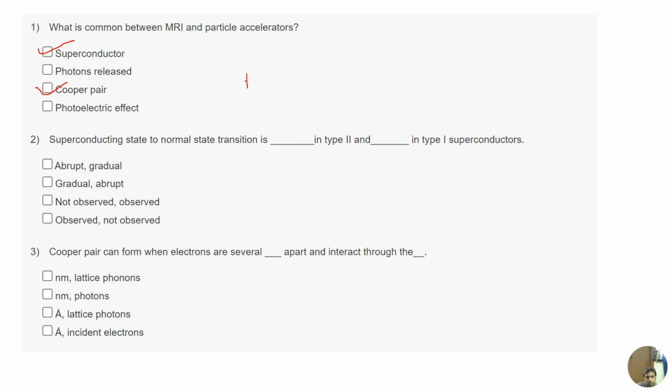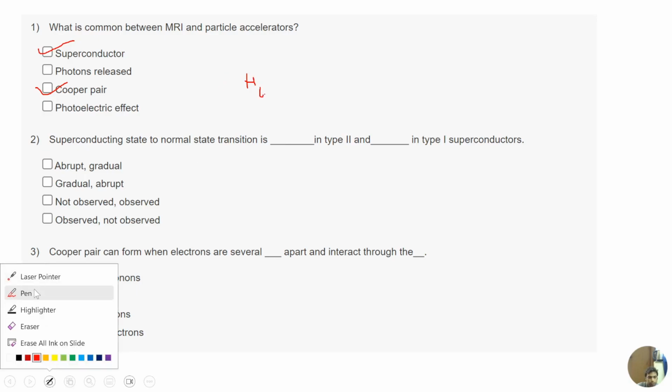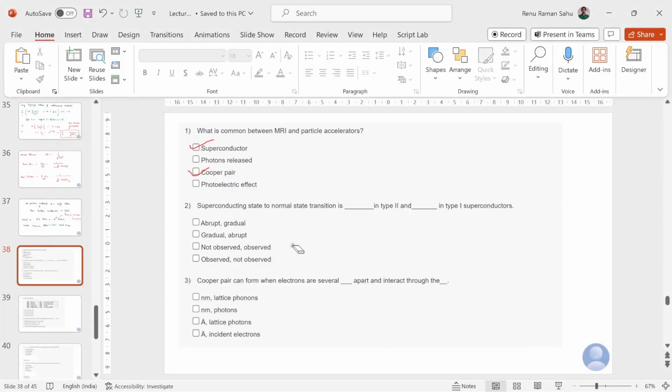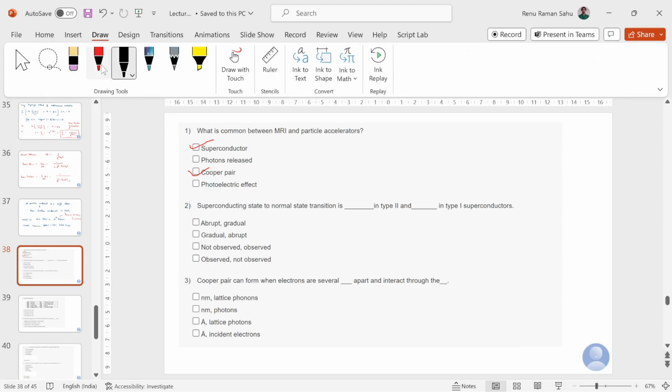Remember, in type 2 there was a gradual change from Hc1 to Hc2. So the transition is gradual in type 2 and abrupt or sudden in type 1.